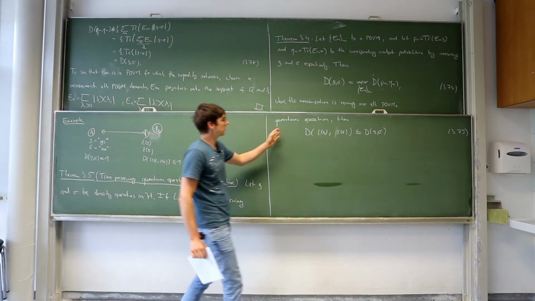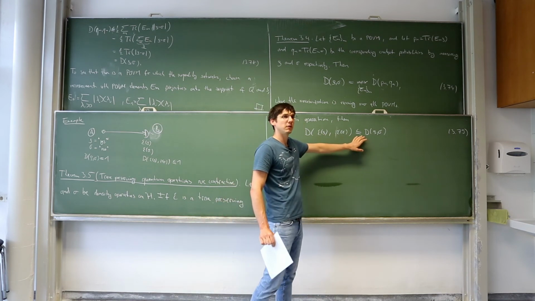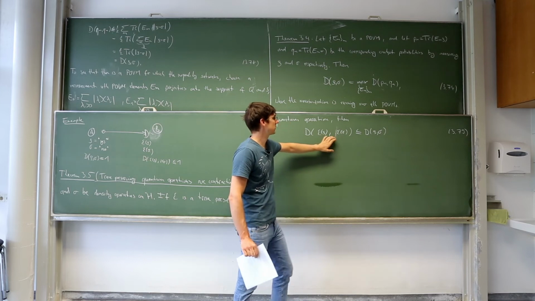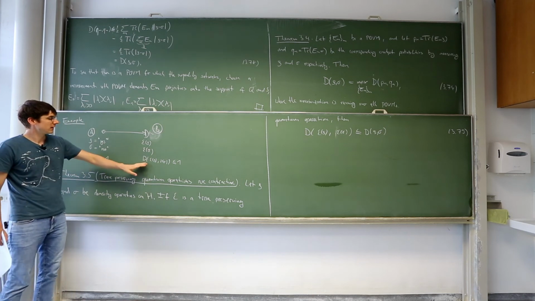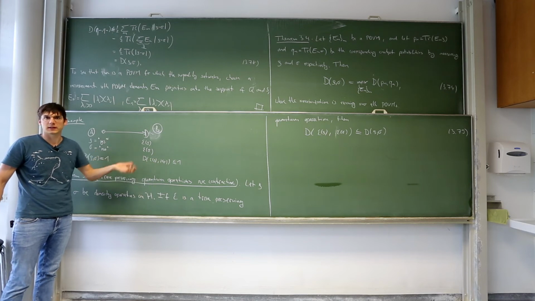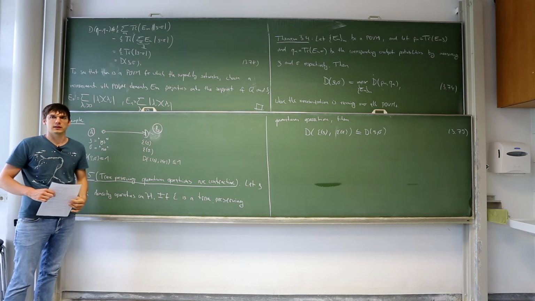And under trace-preserving quantum operations, there can only be a loss of information given by this inequality, that this trace distance must be smaller or equal to this one. Okay? And consider our example here. In the case where this is smaller, Bob cannot be certain whether he gets yes or no. So there is some information lost due to this channel. And this is what this inequality tells us.